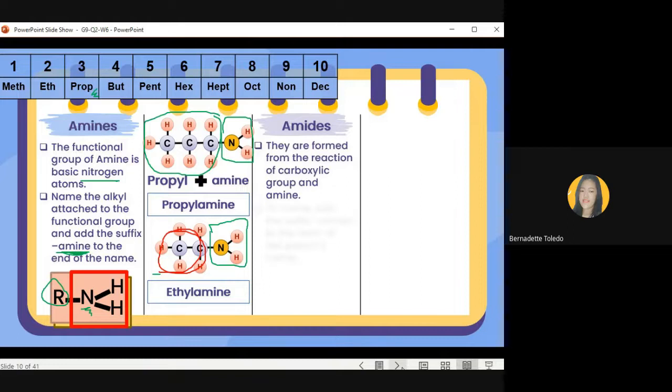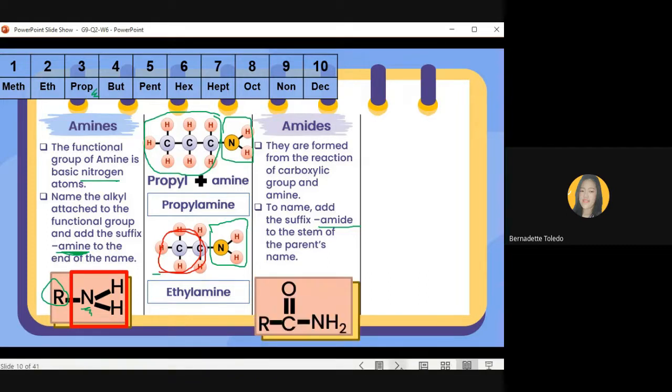Amides also have a functional group because it is formed with the reaction of carboxylic group and an amine. So to name the amides, we will just name it just like what we did kanina sa ibang functional group, and we will end it with the suffix amide.